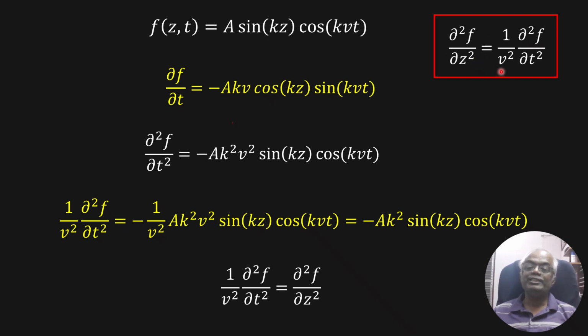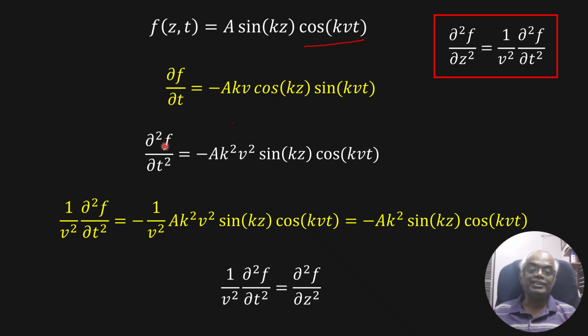Now we have to find the right-hand side. For that we need the second-order derivative with respect to time. f(z,t) = A sin(kz) cos(kvt). The sine term does not have the time variable; only the cosine term does.